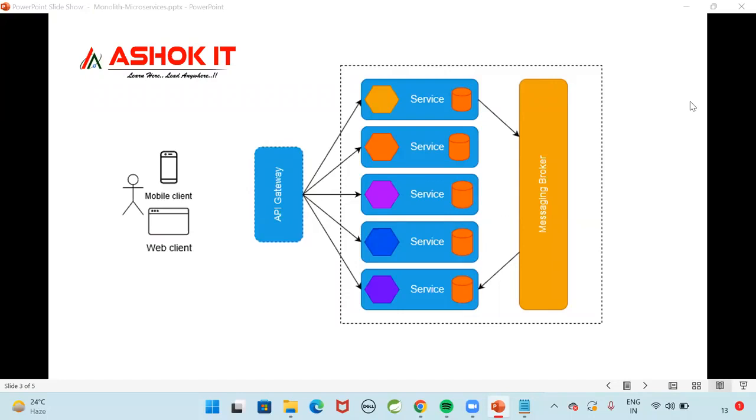No. Then what is microservice? Microservice is nothing but one design pattern to develop our application.